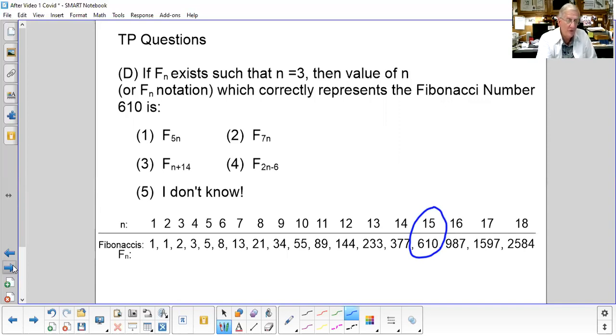Well, I believe you can see that f sub 5n would be the correct answer, because if you put 3 in for n, 5 times 3 is 15, so that would be f sub 15, which of course is the value 610.